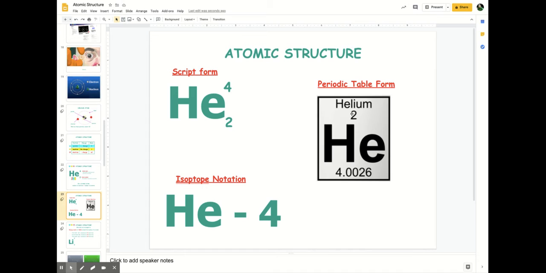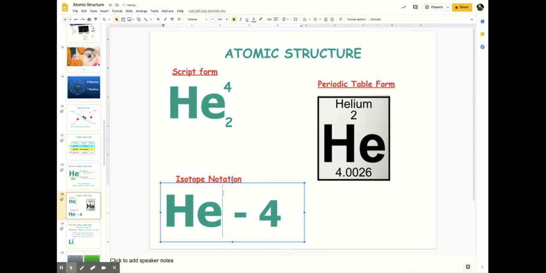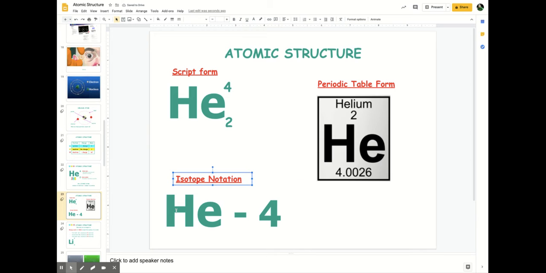But again, if you remember, your age is always less than your weight. You're going to remember that this is the atomic number and this is the atomic mass number. And notice there's the average atomic mass. Again, we'll get into that more as we get going. And then here is the isotope notation, which is what we do is we just write He for helium, dash, and we put the mass number.